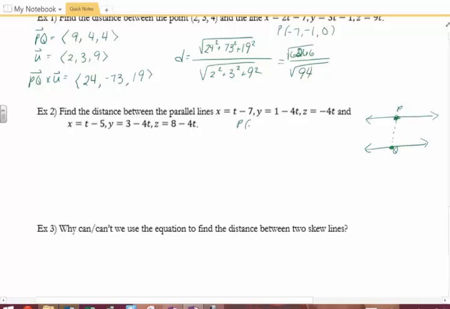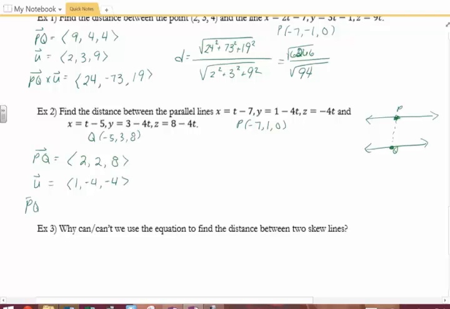So P is going to be (-7, 1, 0) and Q is going to be (-5, 3, 8). So PQ is going to be (2, 2, 8). U, the direction vector, can come from either line because they're parallel, so they both have the same direction vector: (1, -4, -4).